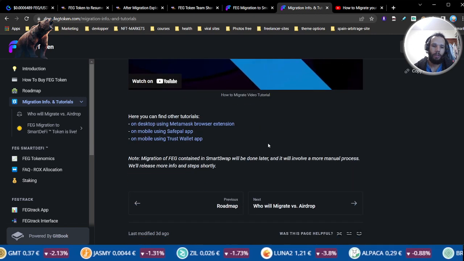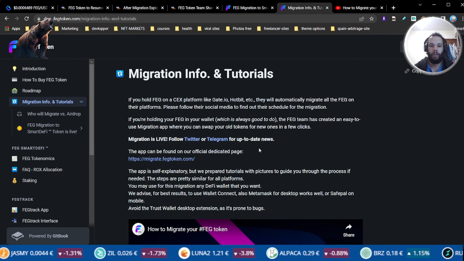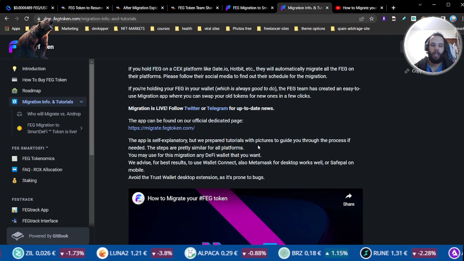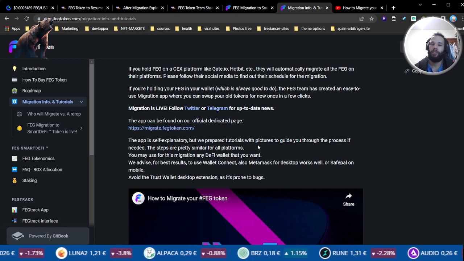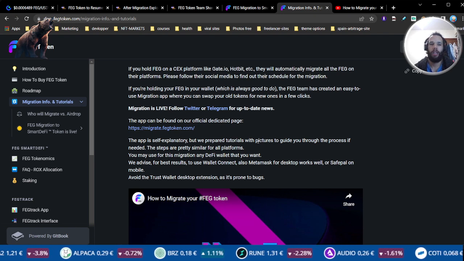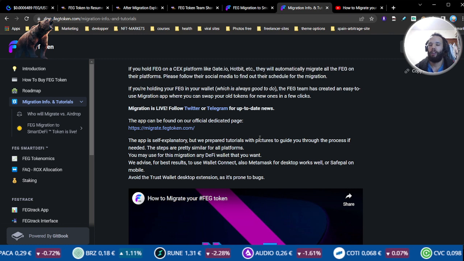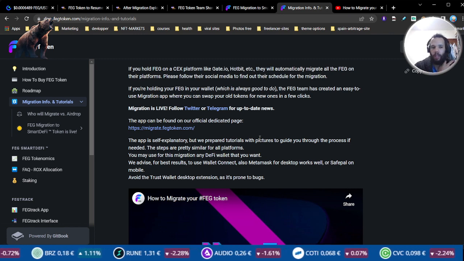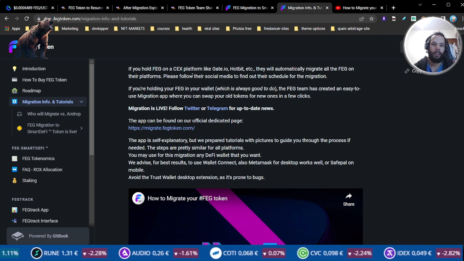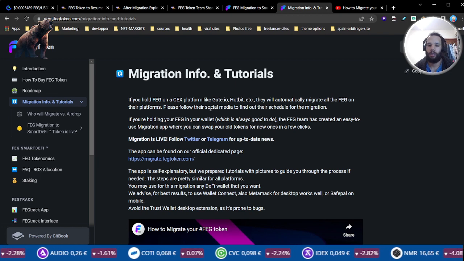When it comes to slippage on trading on decentralized exchanges, selling will take 8% from your trade, but buying will take about 5% to 6%. That's one thing you also have to watch for. It seems the team is encouraging people to buy more than to sell.